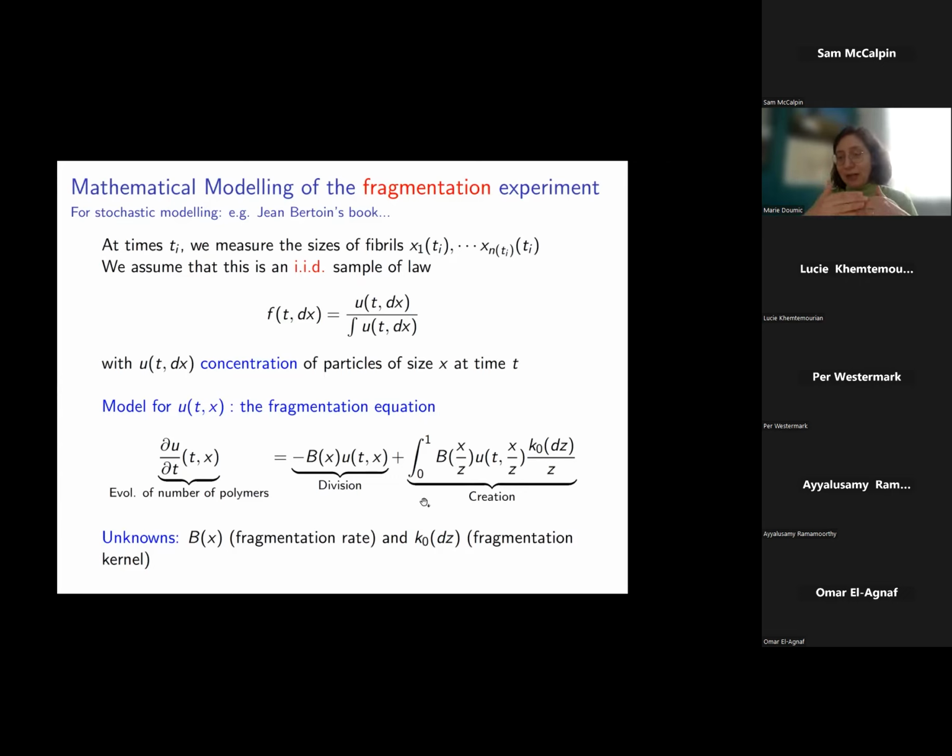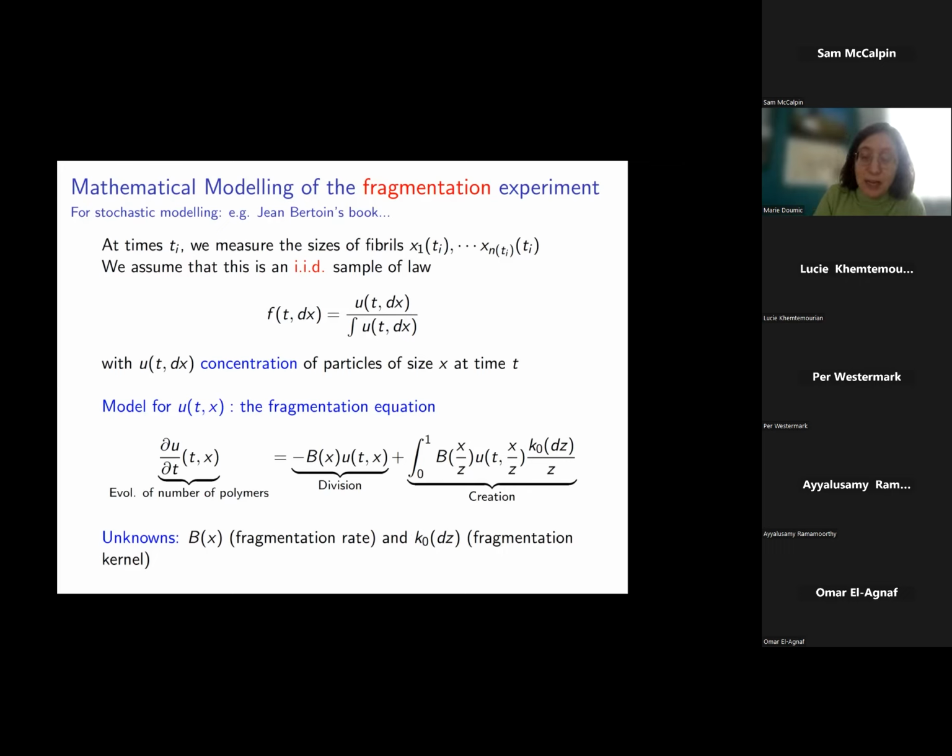What is it? K0 is here to characterize the place where the fibril breaks down. If it is uniform, K0 will be equal to a constant, 1, on all the interval 0, 1. If it is in the middle, you will have a Dirac mass only, saying, okay, I always divide in the middle of the fibrils.